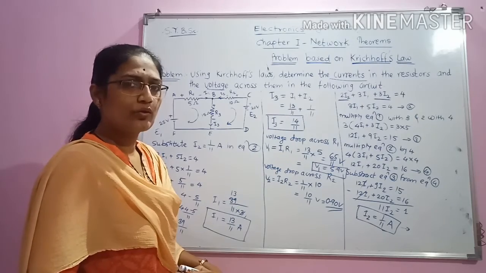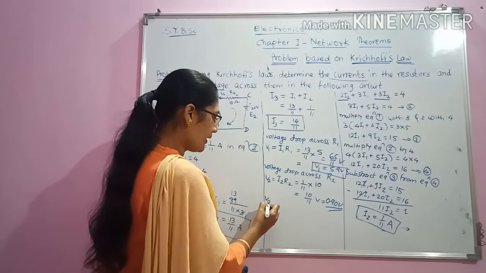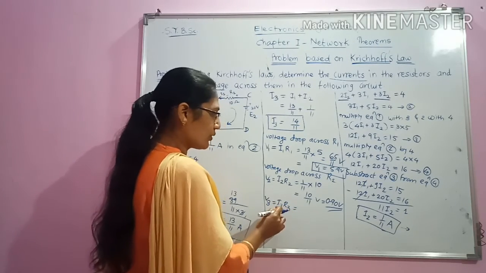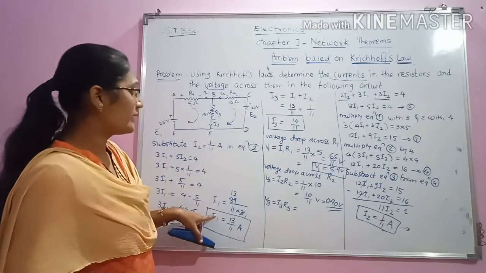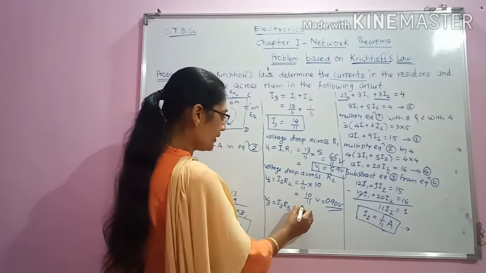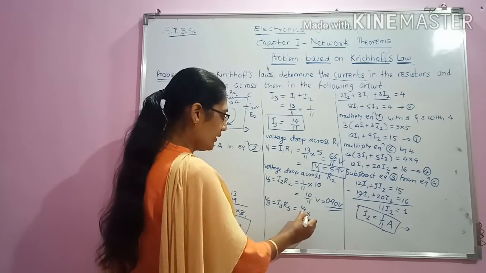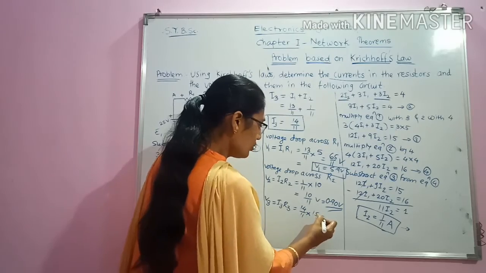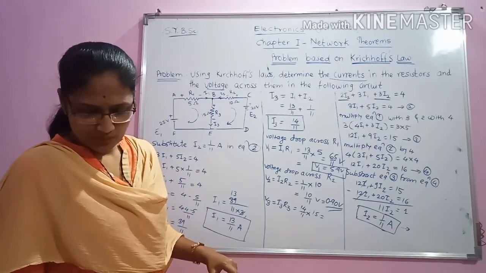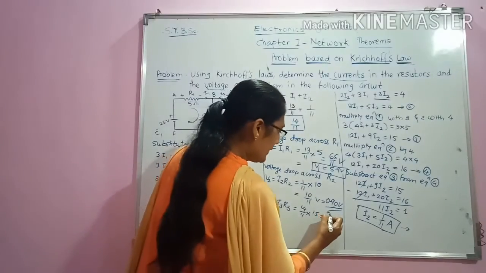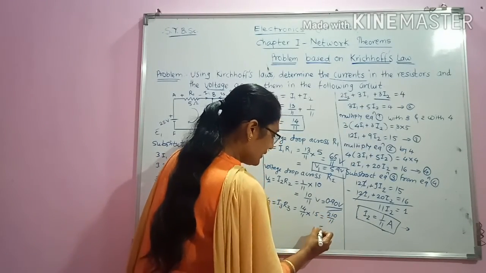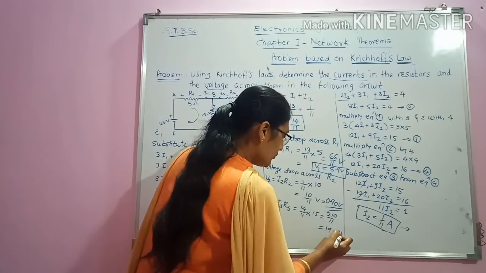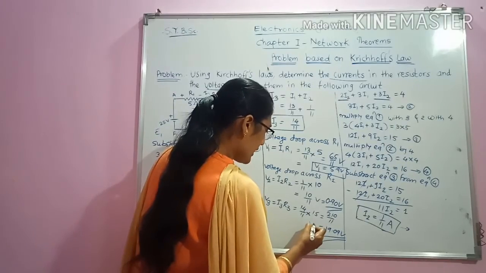Now we have to calculate V3. In order to calculate V3, its formula is I3 into R3. Just now we have calculated the value of I3. Substitute it here, 14 upon 11 into R3, which is given as 15. So calculate this, its value comes out as 210 divided by 11 and its value is 19.09 volt.